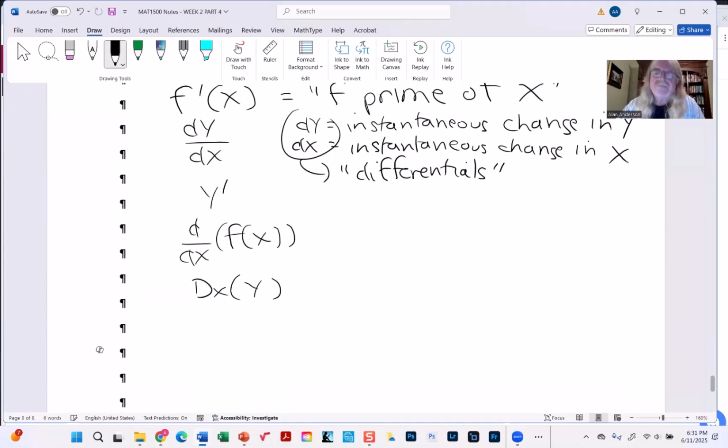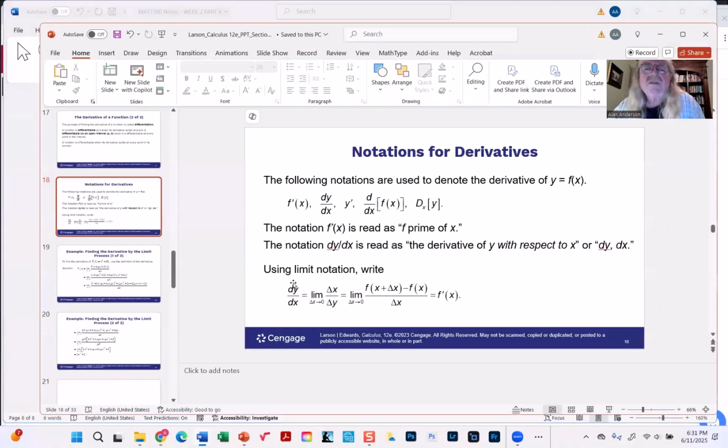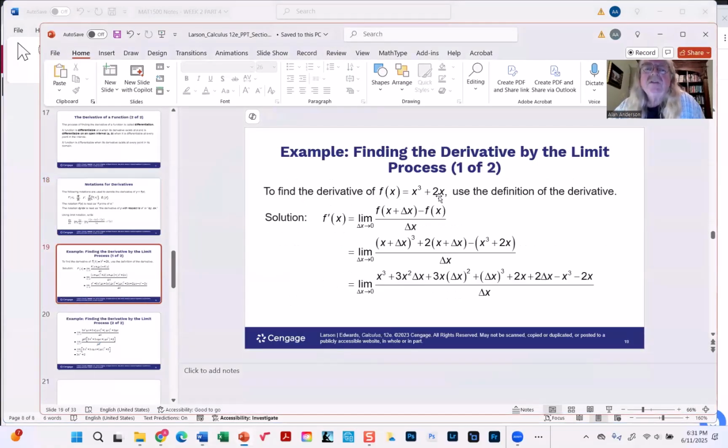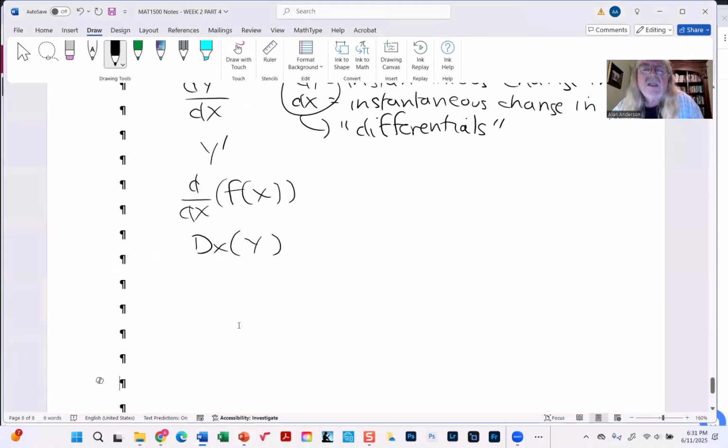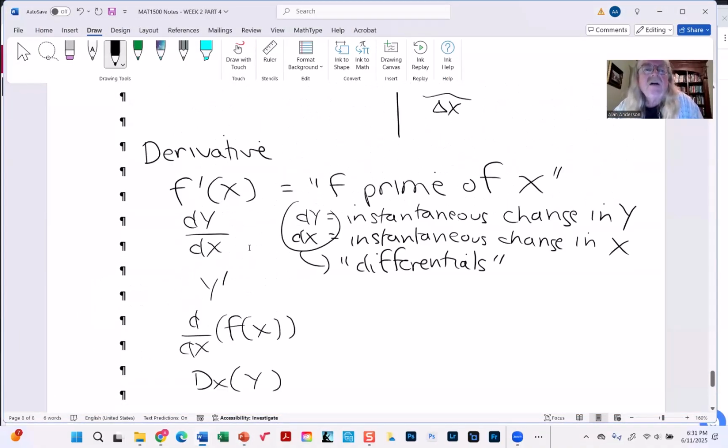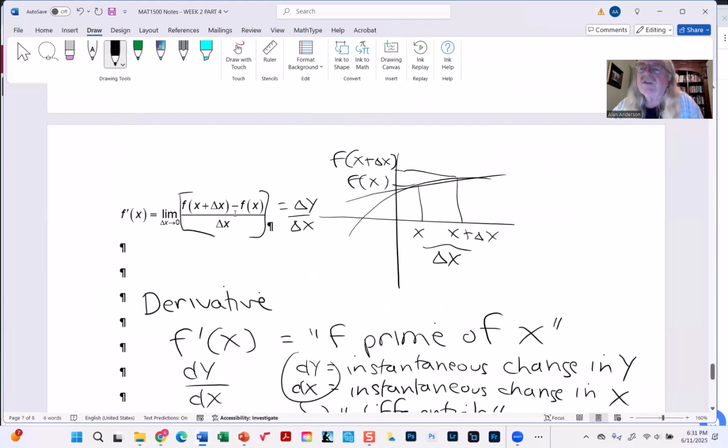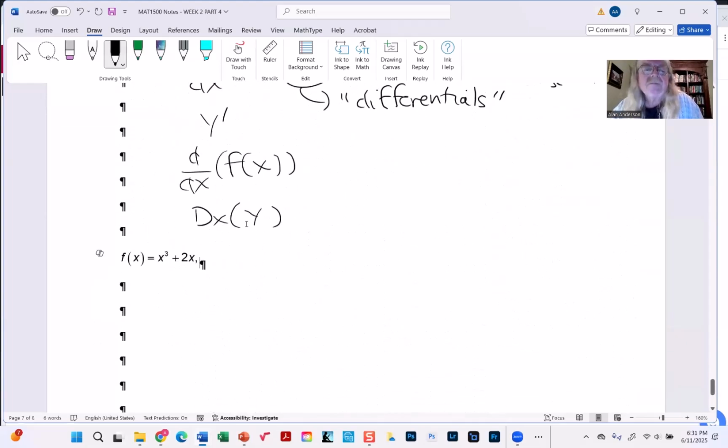Okay, so anyway, let's look at our first example. So here's a function, and we'd like to calculate its derivative using the definition, meaning we're going to take the limit of this expression as delta x goes to 0.